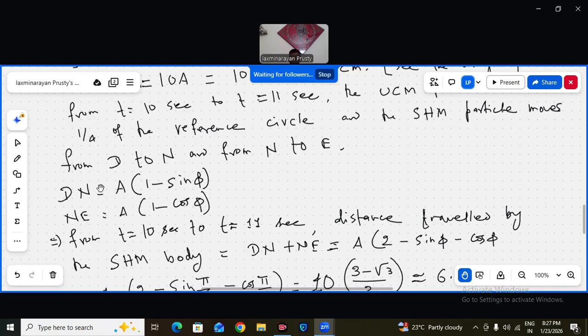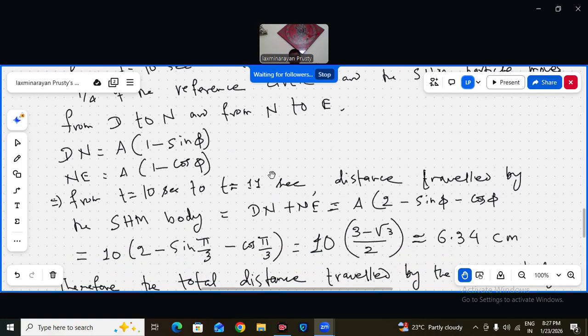So dn plus ne will be the distance traveled in the last second, from t is equal to 10 to t is equal to 11 second. That's what I have written. How much is that equal to? Add both of them. a into 2 minus sin phi minus cos phi, right?